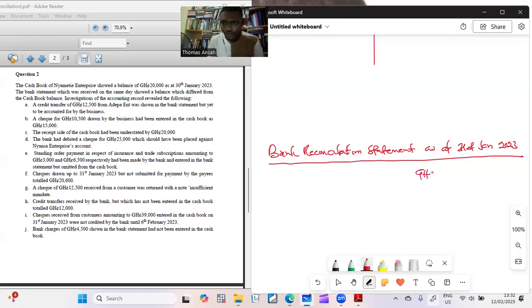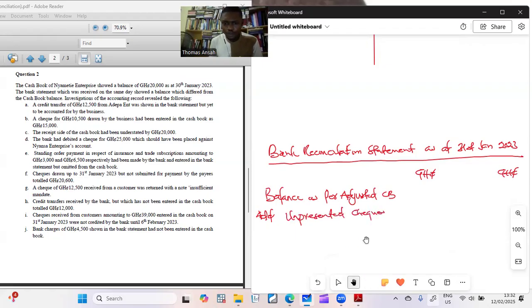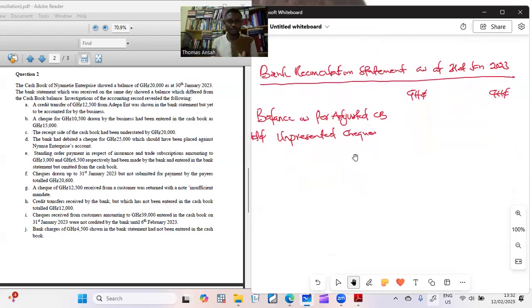Set it up, and you know that it will start with the balance as per adjusted cash book. Then you'll be adding all forms of unpresented checks. Leave about two spaces because the unpresented checks may be many.